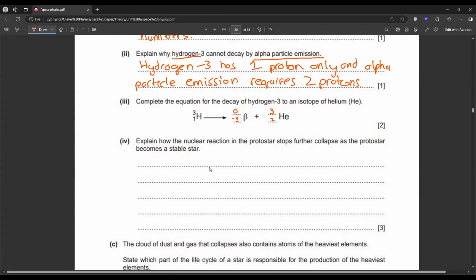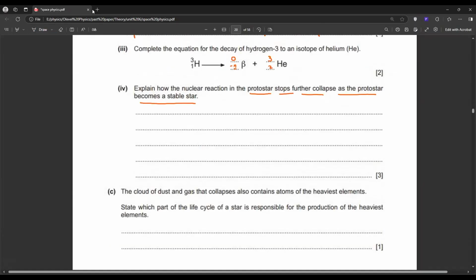Explain how the nuclear reaction in the protostar stops further collapse as the protostar becomes a stable star. So in this question, we have to tell how the nuclear reaction in the protostar stops further collapse as the protostar becomes a stable star.